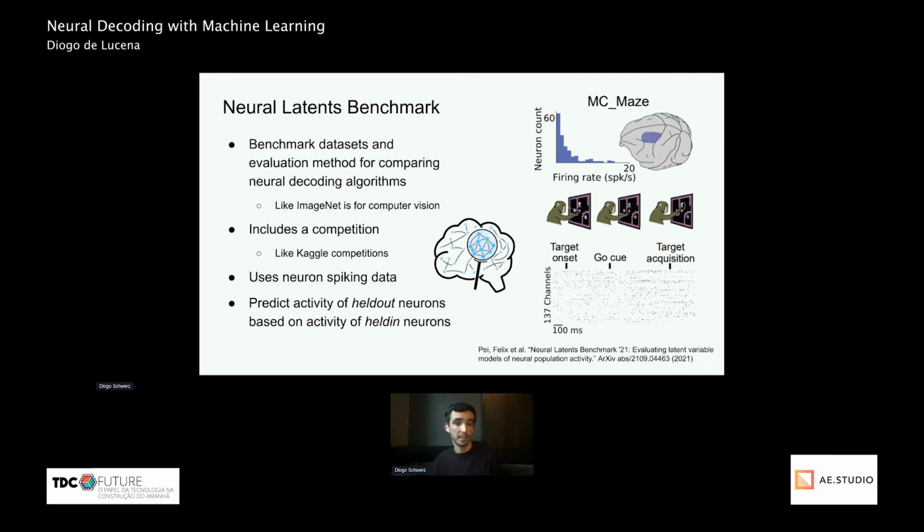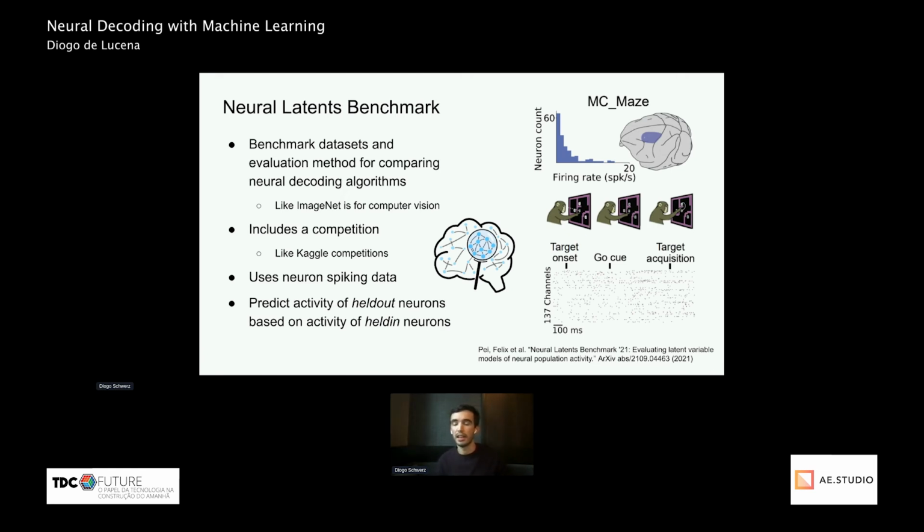And it also has a competition, which is similar to a Kaggle competition. And it's the first of its kind. So the first time putting different groups trying to decode the same set of data and see who can get the best accuracies.